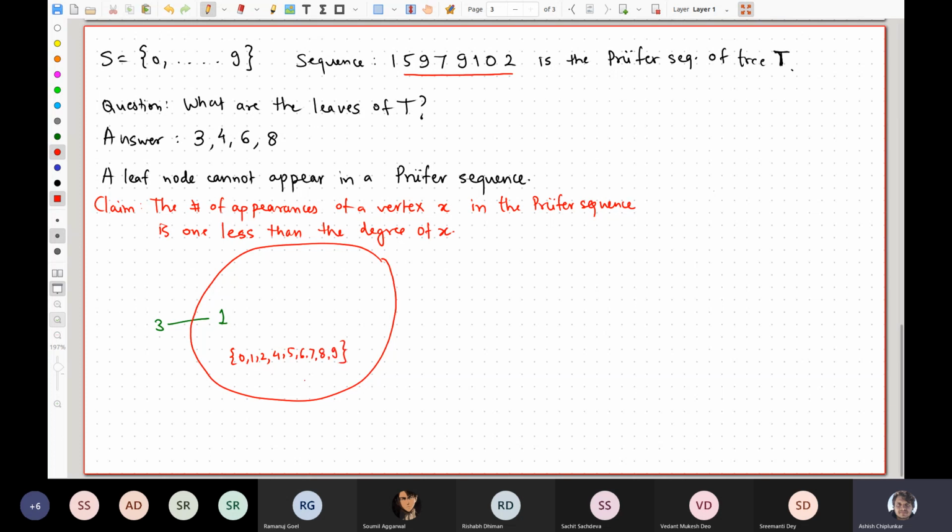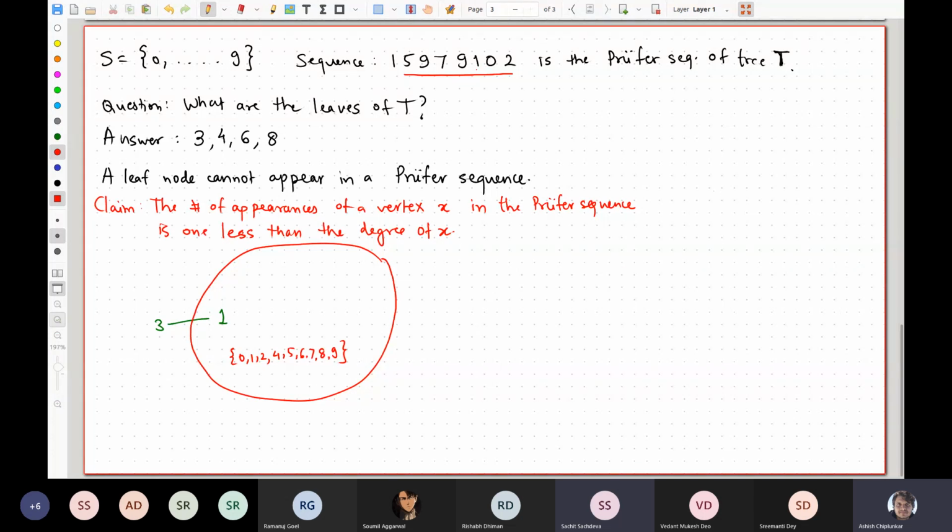Sachit, are you with me up to this point? Yes, sir. So now 5979102 is the prefer sequence of some tree over this vertex set. Which is the minimum labeled leaf in that tree? Sachit? 0. So 0 appears in the prefer sequence, right?